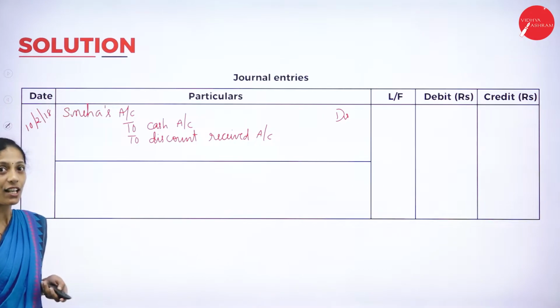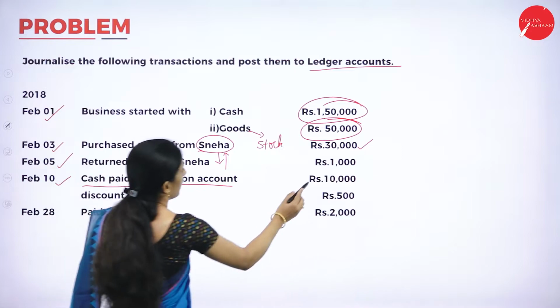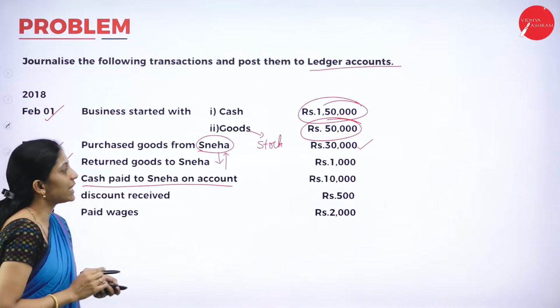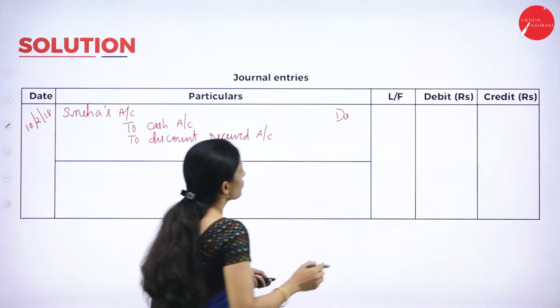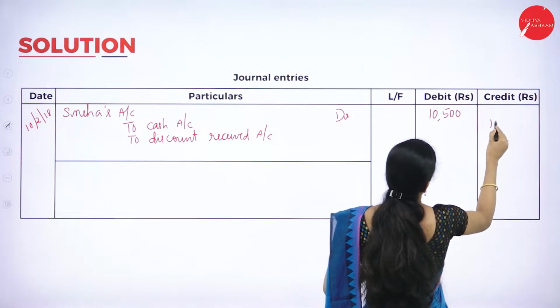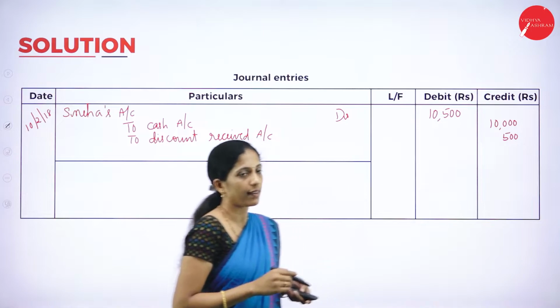Now what is the amount that has to be paid to Sneha? So go through the transaction, that is 10,000 cash paid and 500 we have received as discount. So total 10,500. Here we have paid 10,000 and we have received a discount of rupees 500.